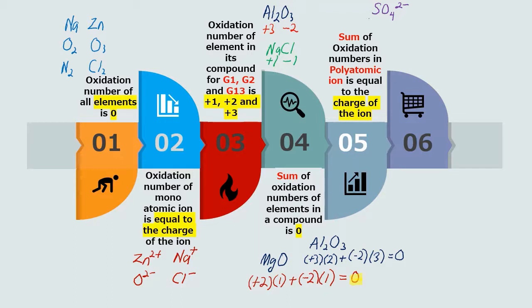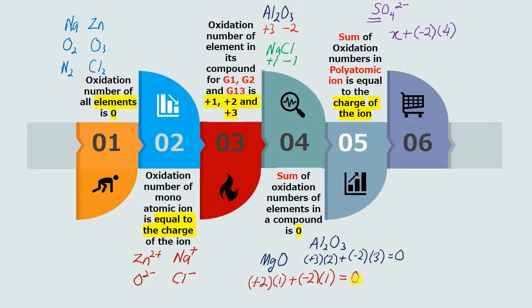We have never come across the oxidation number of sulfur before, so we change the oxidation number of sulfur into unknown X. X added with the oxidation number of oxygen. How many oxygen in the ions? 4. So we need to multiply it by 4.